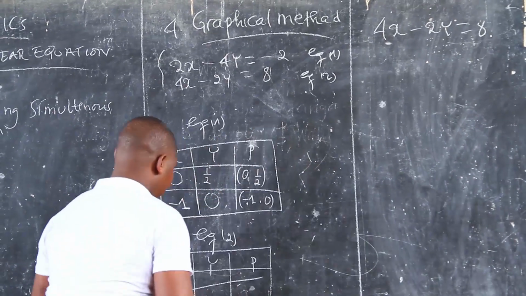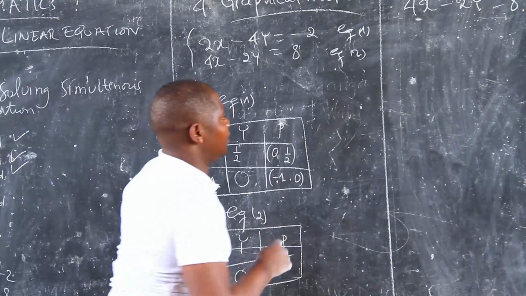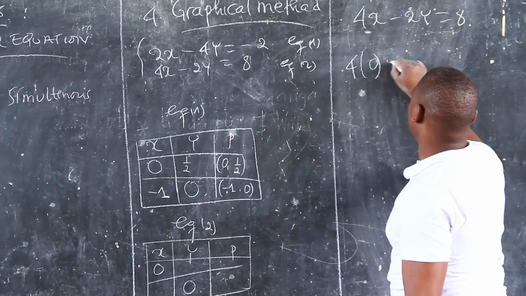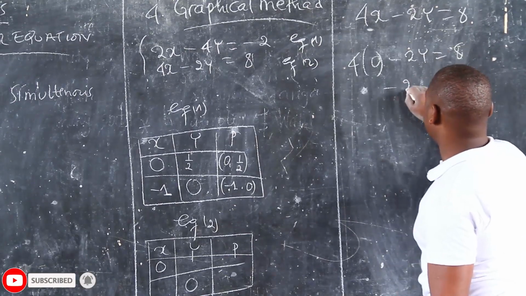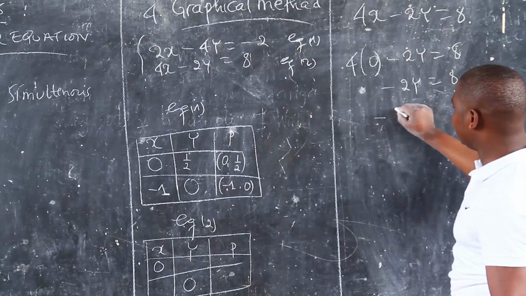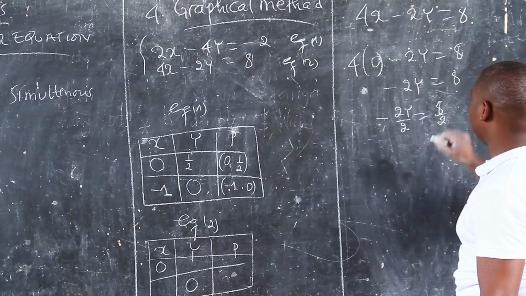Let's see. If I put x as 0, 4 times 0 minus 2y equal to 8. Negative 2y equal to 8. Negative 2y over 2 equal to 8 over 2.